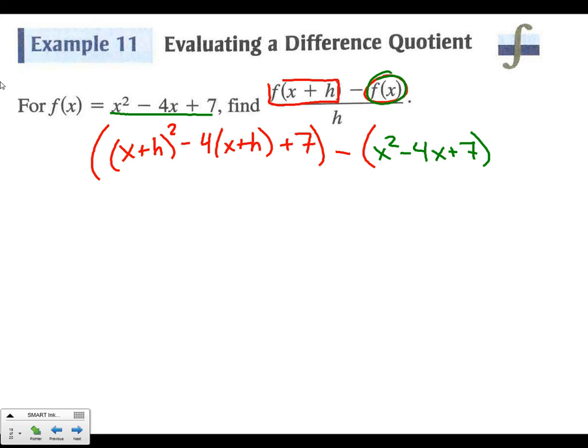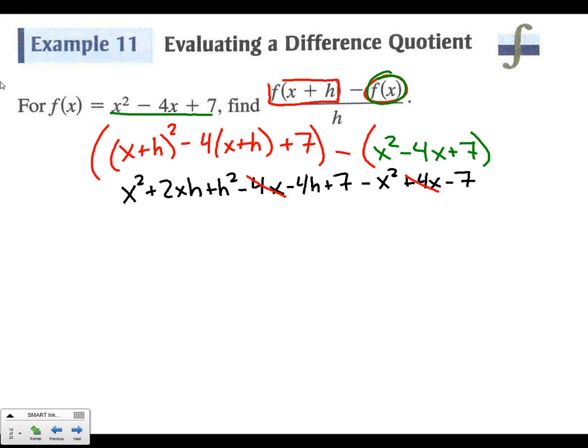So let's clean this all up. This is x squared plus 2xh plus h squared minus 4x minus 4h plus 7 minus x squared plus 4x minus 7. Let's do some canceling. 4x cancels. 7 cancels. X squareds cancel.